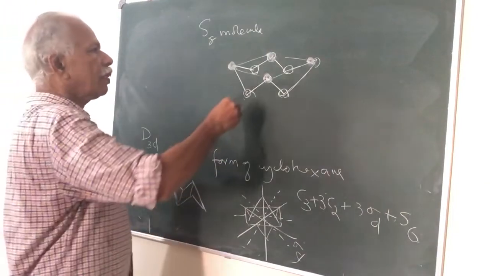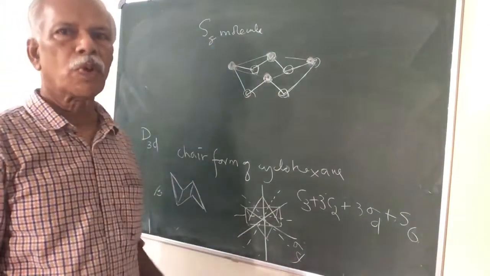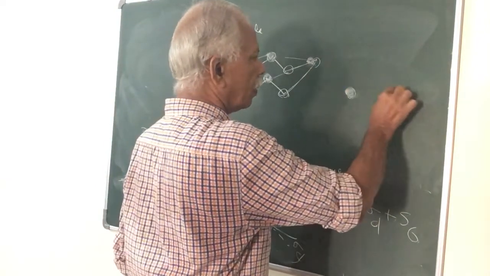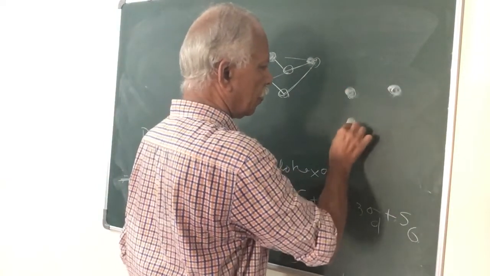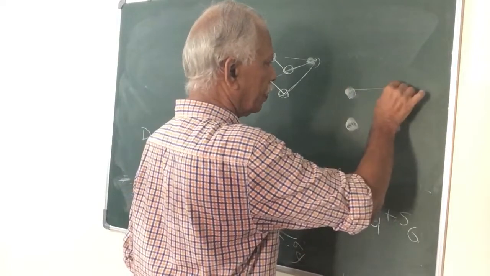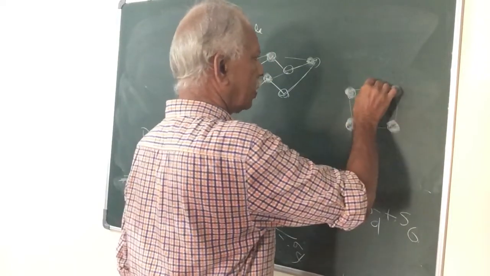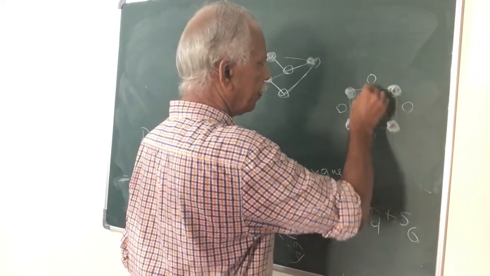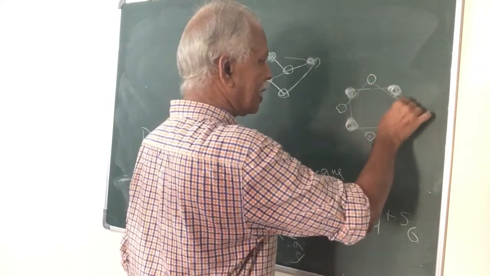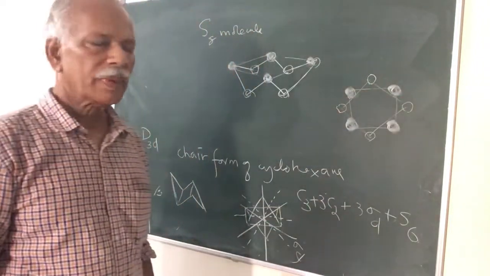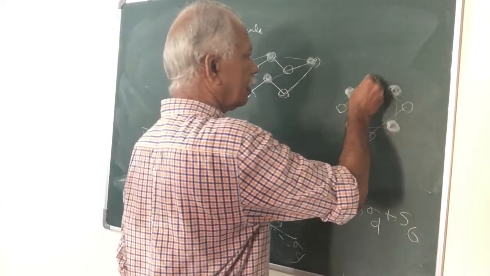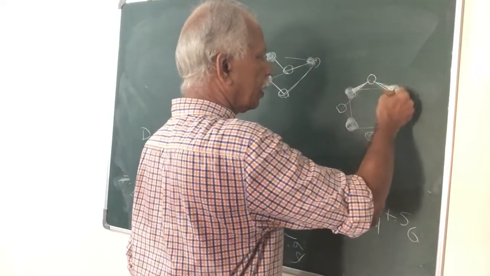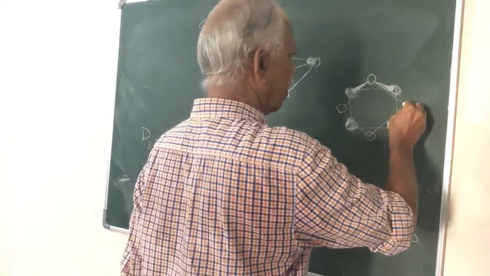If you observe this sulfur molecule from the top, it will look like 4 sulfur atoms forming a square, and the other 4 sulfur atoms will be forming a square staggered to the first one. The sulfur atoms are mutually connected. This is connected in this manner.